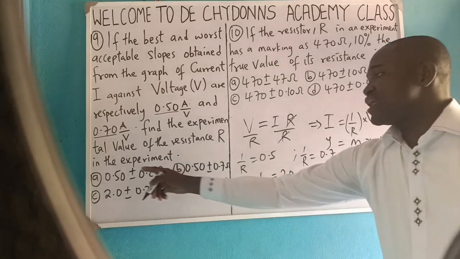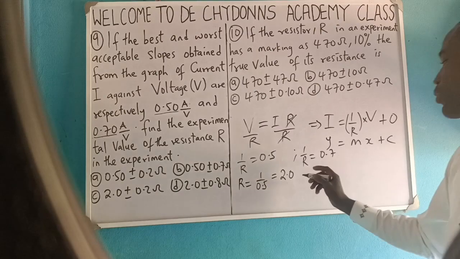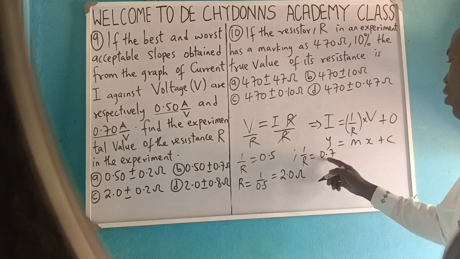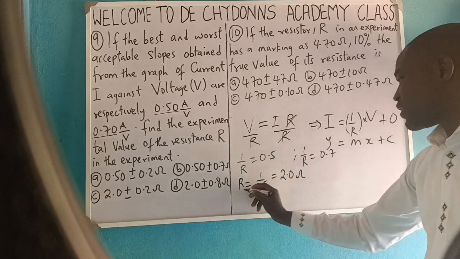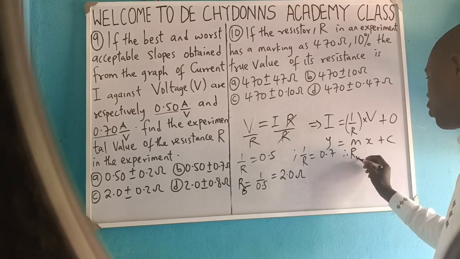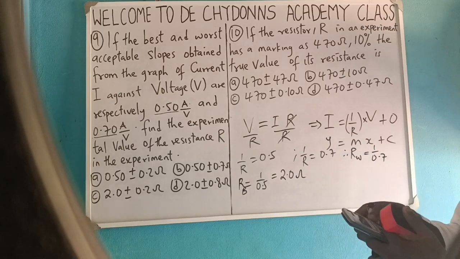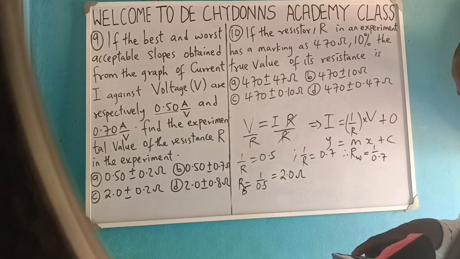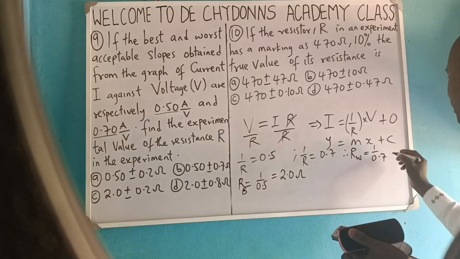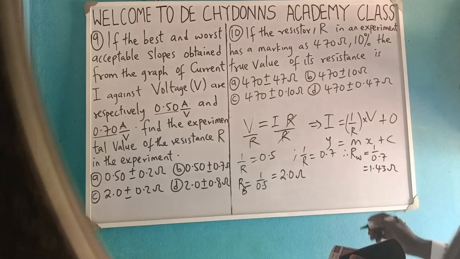That means I've deleted 2 options, and I'm now working with the remaining 2 options. 2.0 ohms, okay? This is for the best. Then for the worst, R for the worst fit is equal to 1 over 0.7. 1 divided by 0.7 will give us 1.43 ohms approximately.